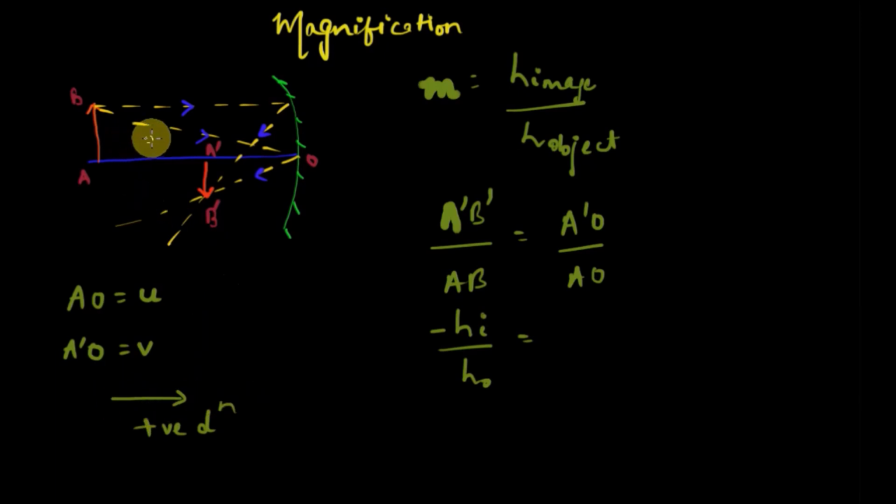So it will be minus v, and AO will be u, again in the negative direction, so minus u. Hence HI, the height of image divided by the height of object, is equal to minus v by u, which is minus of image distance by object distance. So this is how we define magnification of an object in the case of a mirror.